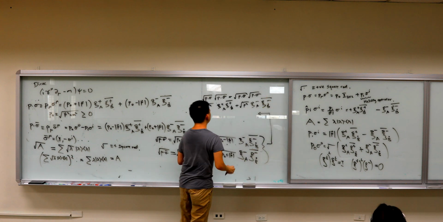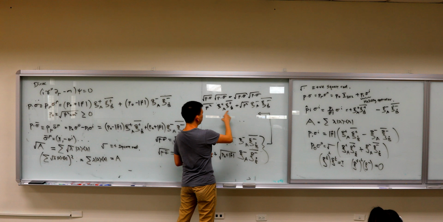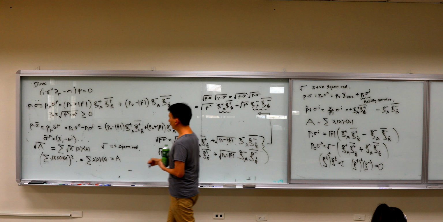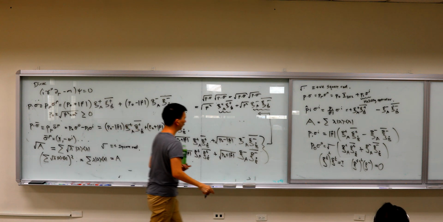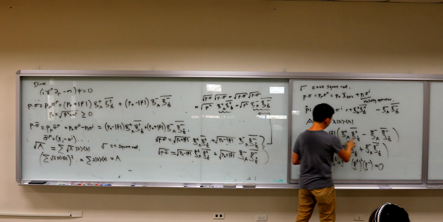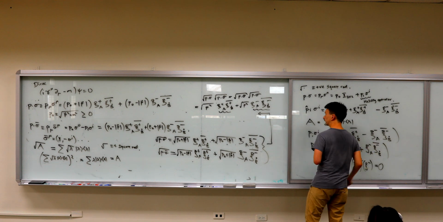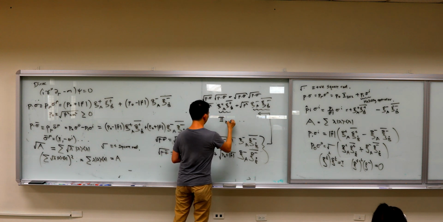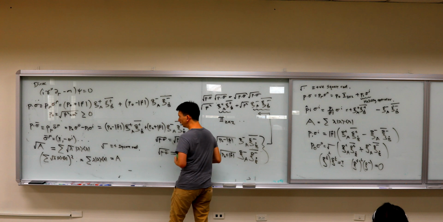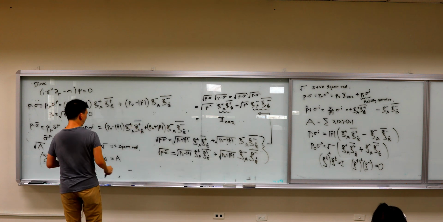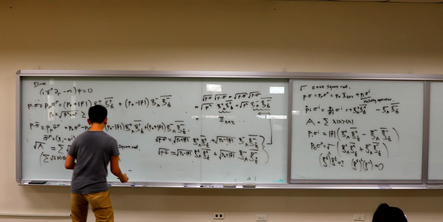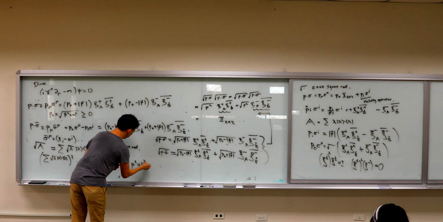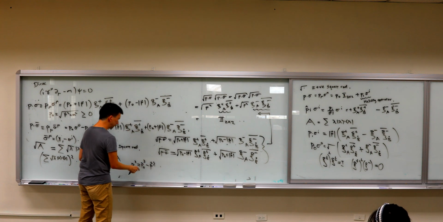Okay, and now this is a common factor, and remember this guy plus this guy is nothing but the completeness relation. We have it somewhere. It's this guy over here. So it's just nothing but the completeness relation. Okay, and this is just now the identity. And p squared is what? Well, p squared is exactly the dispersion relation, which we erased. But p squared, remember, is exactly p0 squared minus p vector squared in my sign convention.